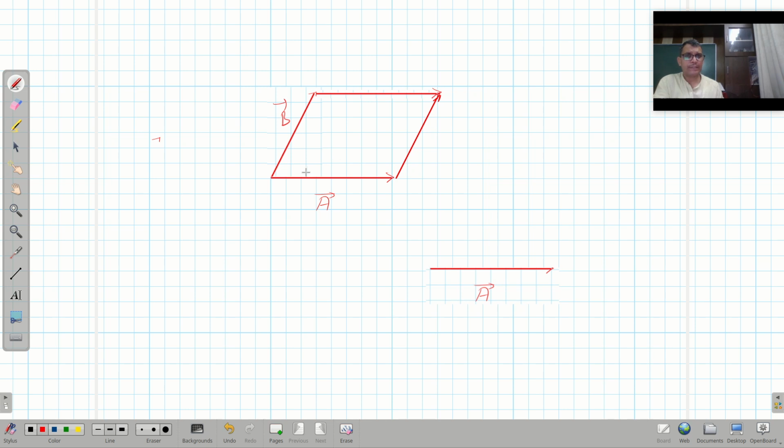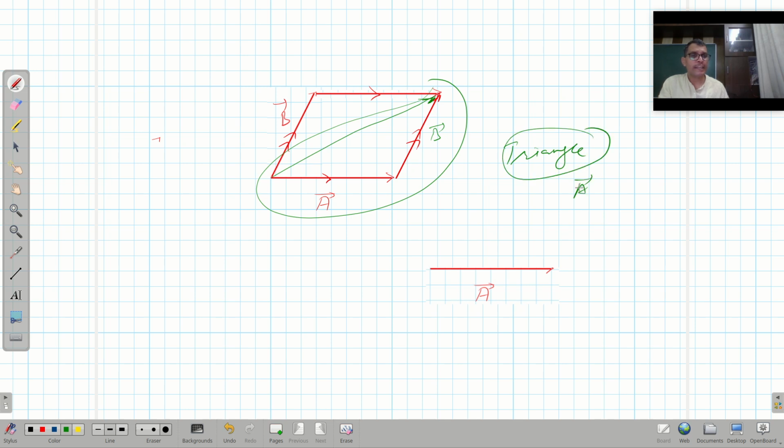Because this vector is parallel to this vector and this vector, if I try to look at this one part, it basically looks like a triangle.